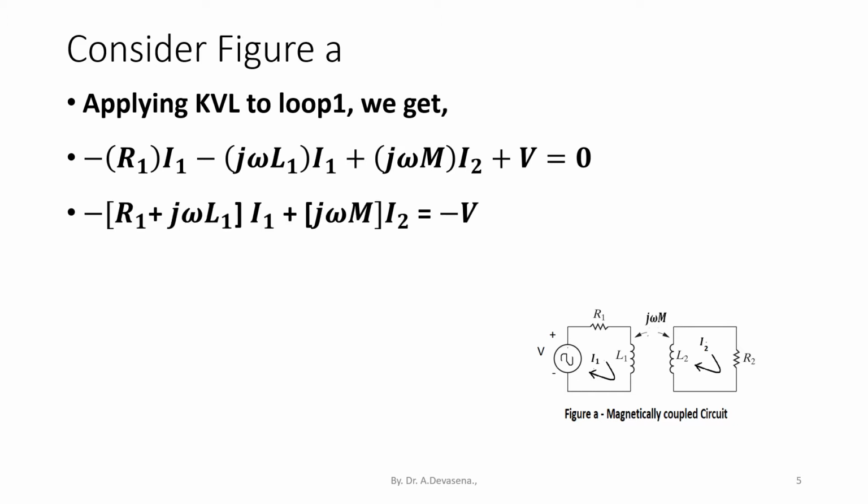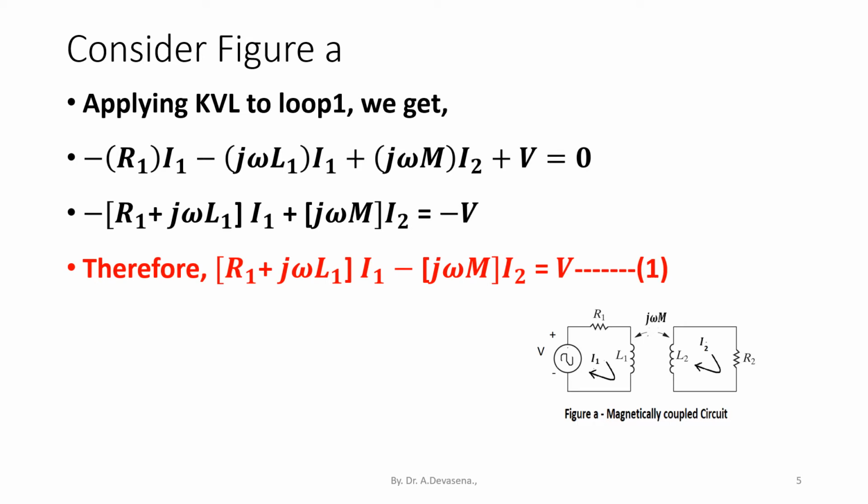That is, minus of (R1 plus j omega L1) into I1 plus j omega M into I2 is equal to minus V. That is, (R1 plus j omega L1) into I1 minus j omega M into I2 is equal to V. Consider this as equation 1.